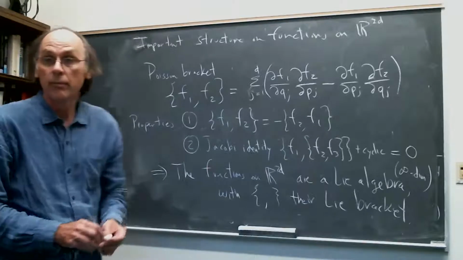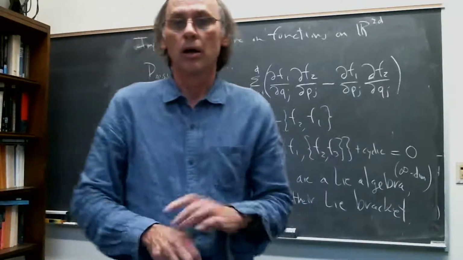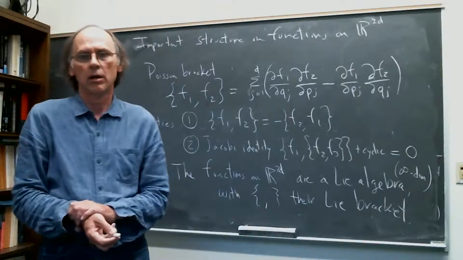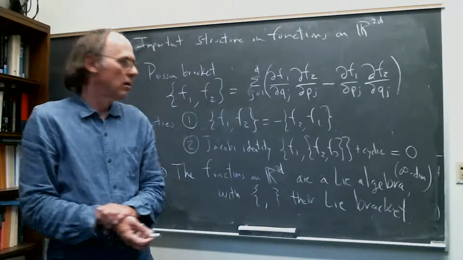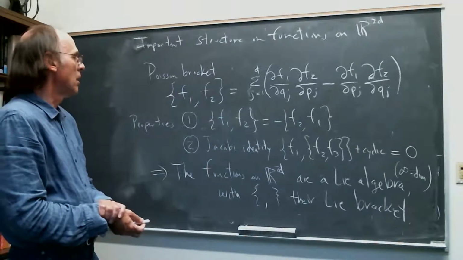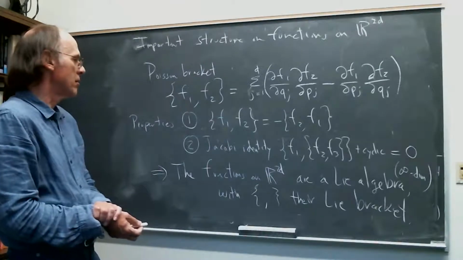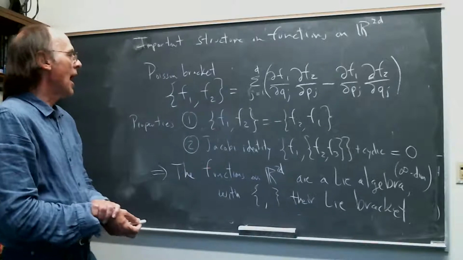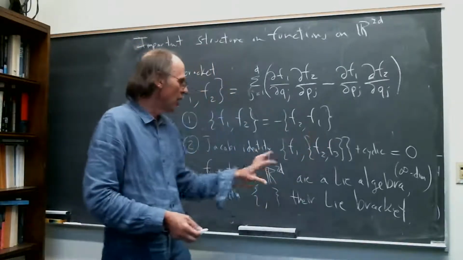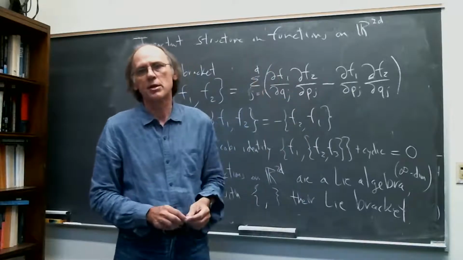Professor, just to be clear, we're imposing some kind of condition on the functions, right? We're not just talking about the general function space over R2D. I haven't actually thought about that. In practice, the computations we're going to do are always going to be polynomial functions.